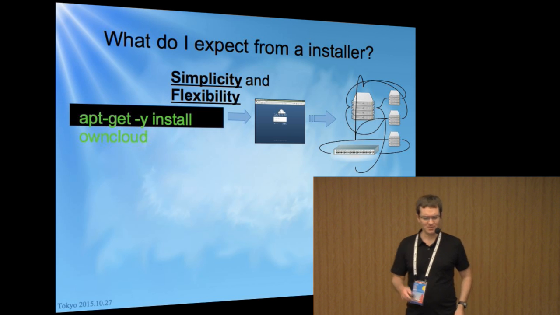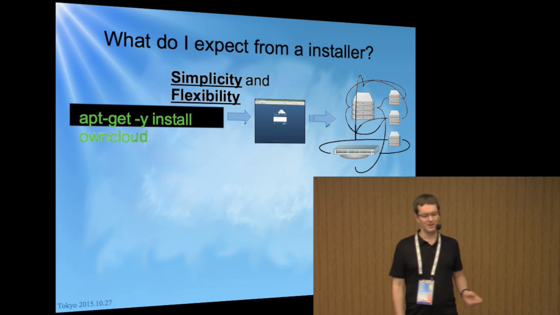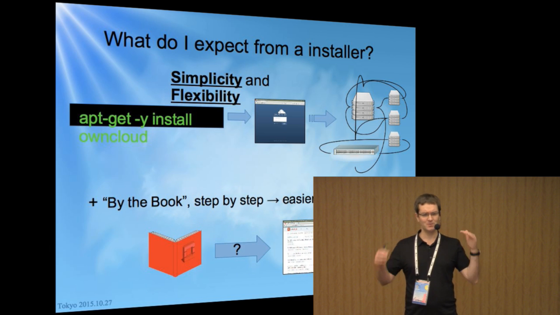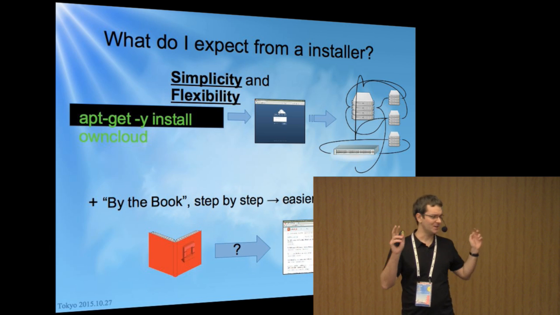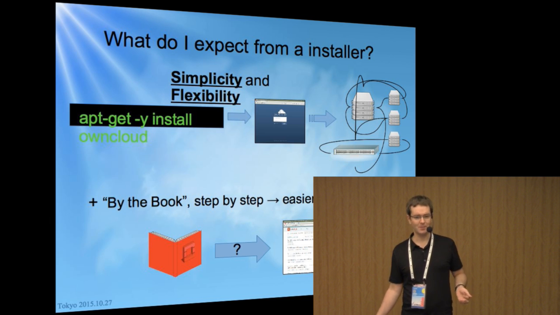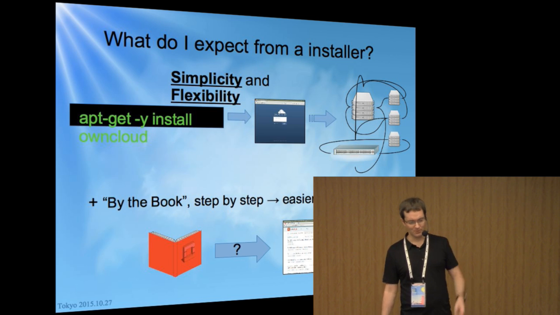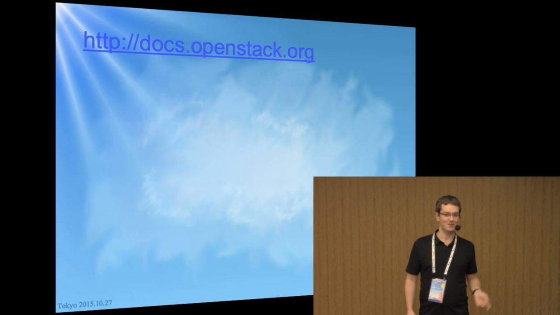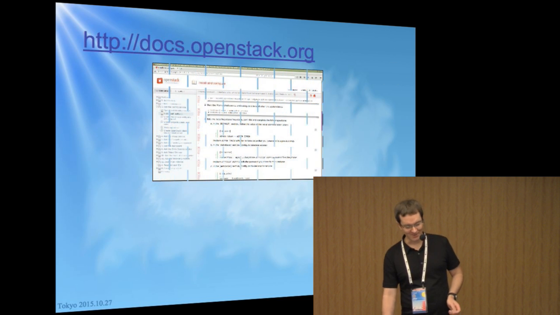Additionally, I personally like the idea of having an installer which follows a guide, or so to say the book, the installation guide of OpenStack, because I believe that this might really help with troubleshooting. So this is what I did. I went to docs.openstack.org, the base camp in our expedition to the cloud.